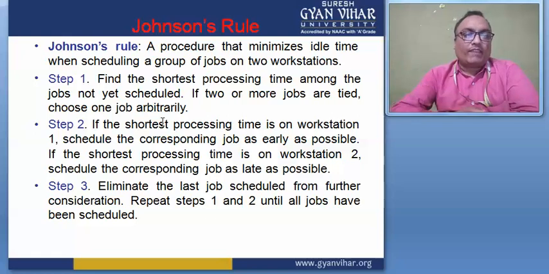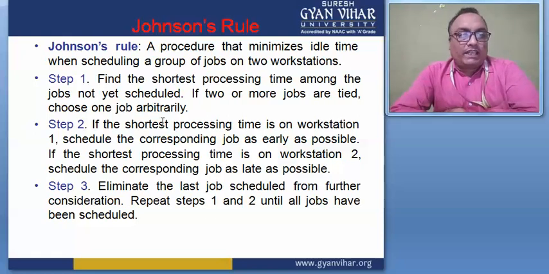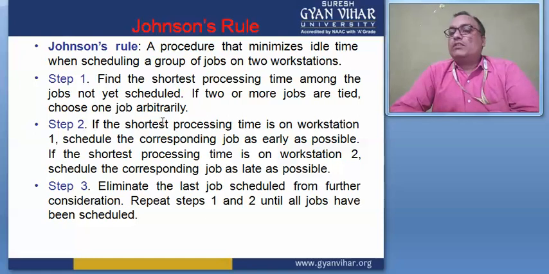And go to step number 3: eliminate the last scheduled job from further consideration, and repeat steps 1 and 2 until all jobs are scheduled. So these are the three steps of Johnson's rule method.